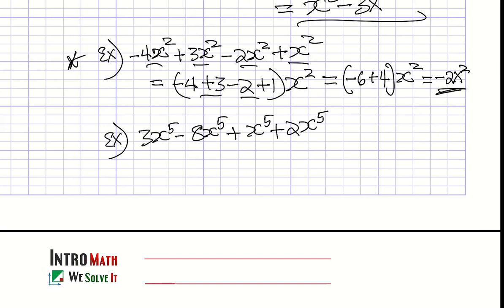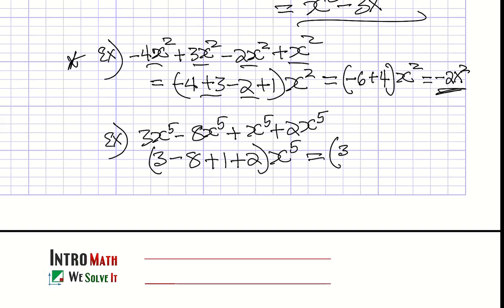So what you do is say 3. I'm sorry, not like that. Sorry, I'm going too fast. 3 minus 8 plus 1 plus 2x raised to power 5. You see it, right? If that helps you to see it, let me see. Then it's like 3.